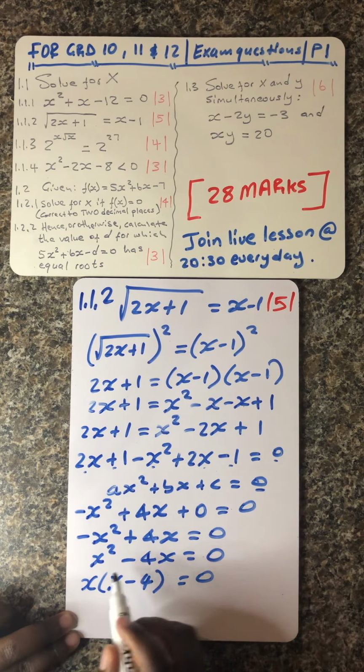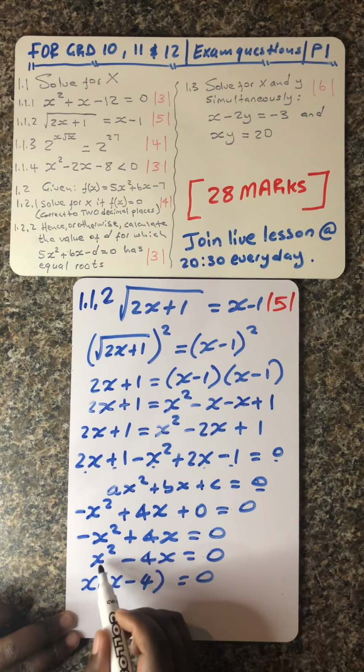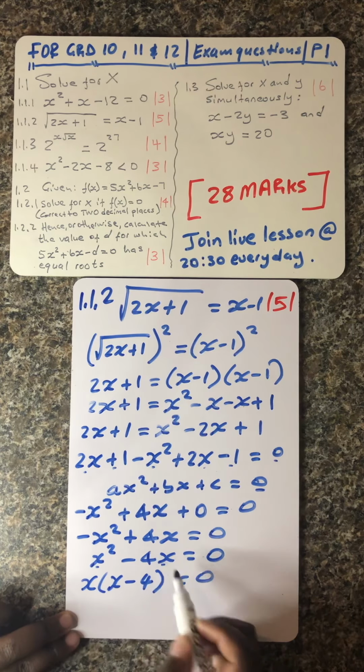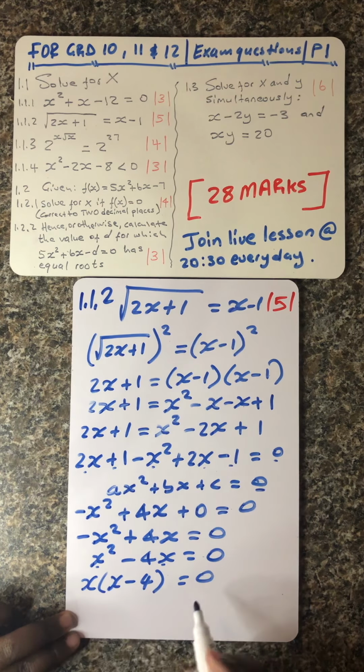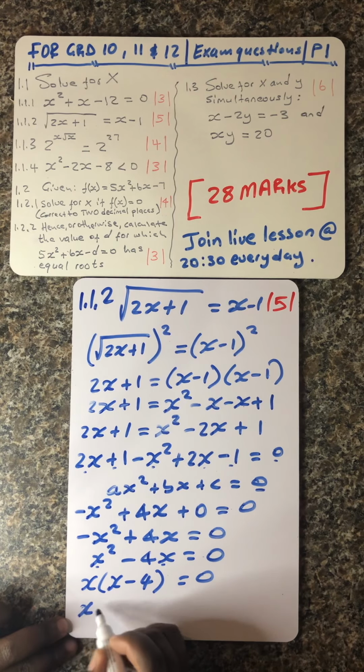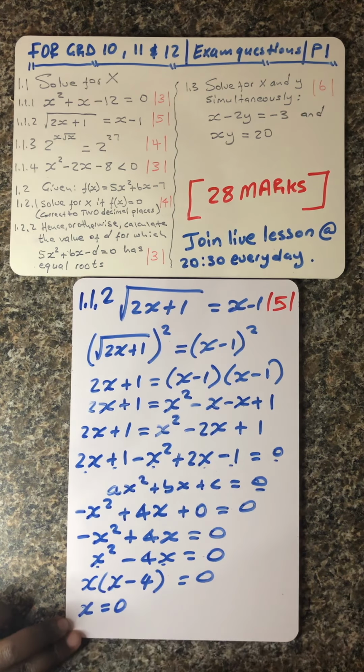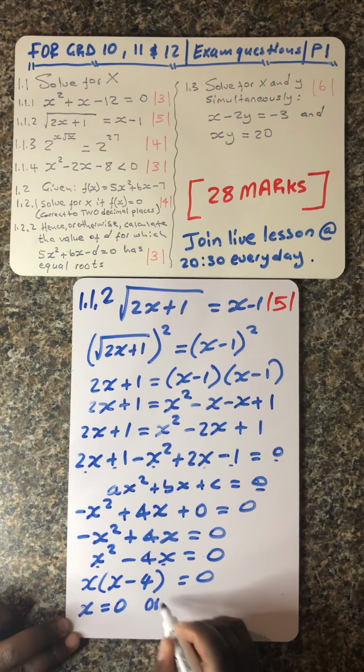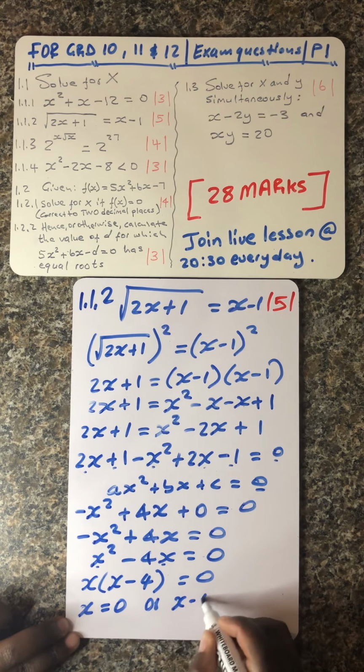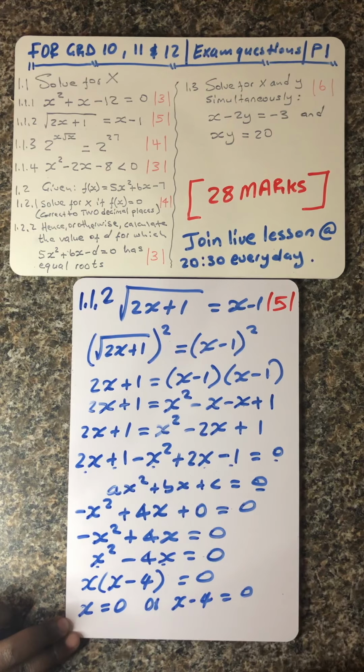So you took out x as common factor because x is in the first term and the second term. So now that means x equals 0, or x minus 4 equals 0.